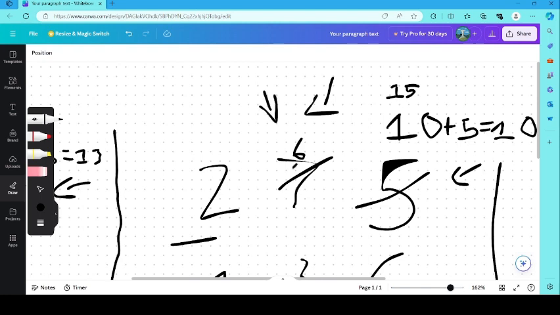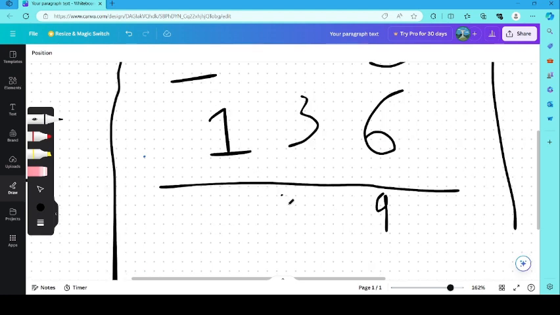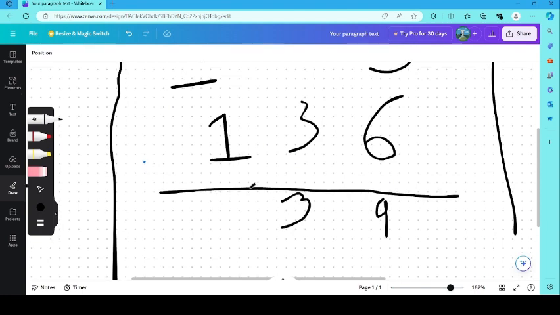And 6 minus 3 is 3. Now we're done with our tens place. We head straight to our hundreds place, which is 2 minus 1, and 2 minus 1 is 1. So our answer is 139.